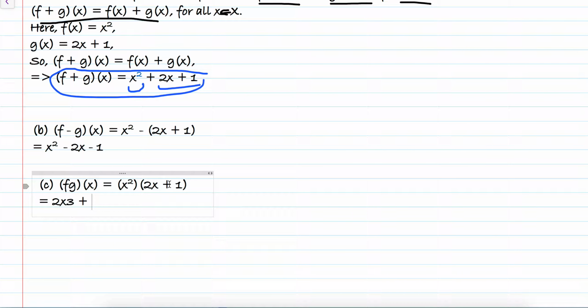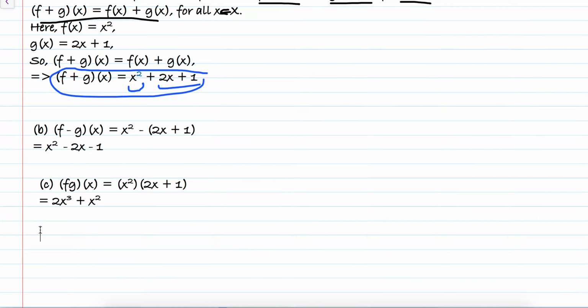Then x square multiplies with 1, it becomes x square. So that's it. So this is our solution for the multiplication case.